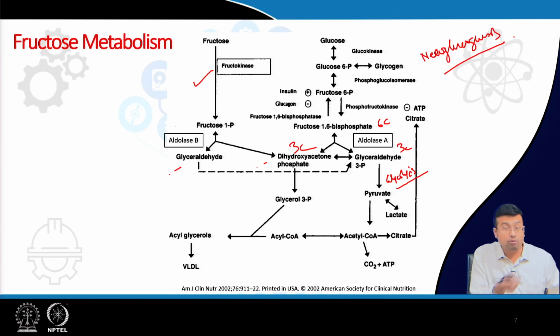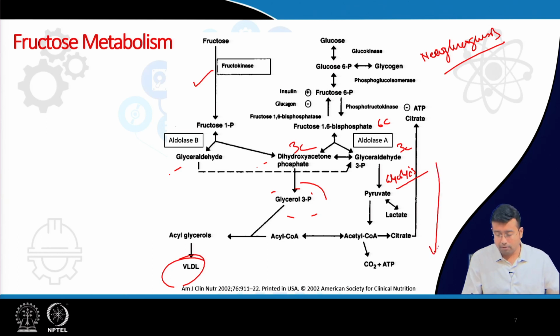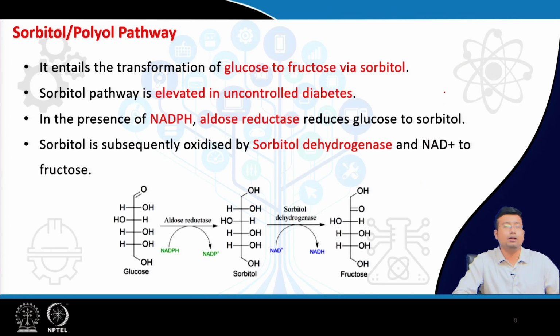You should also note, we will also be discussing that dihydroxyacetone phosphate can be diverted to the glycerol pathway, and ultimately to the production of lipids. We will be discussing that, right. But one fate is the TCA cycle and glycolysis leading to the formation of energy, and another is formation of glucose.